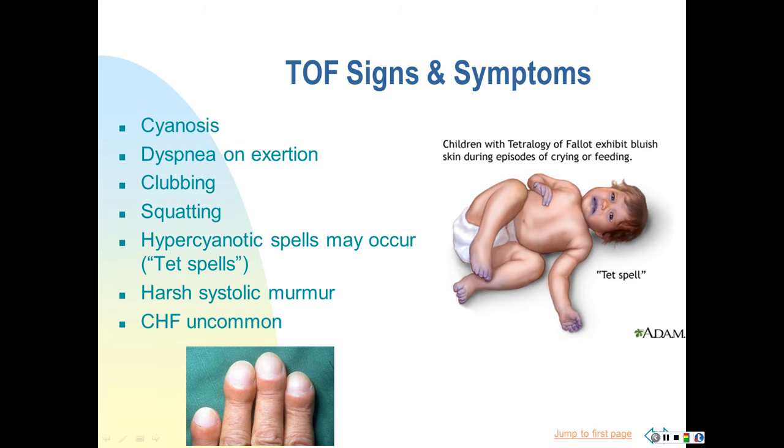Because if you think about it, whether you're doing a knee to chest movement or they're squatting, what it's doing is it's decreasing or slowing down the amount of blood that's coming back to the right side of the heart. The hope is that if it's coming back to the right side of the heart slower, then it will stop the ever-increasing acidosis, ever-increasing hypoxia.